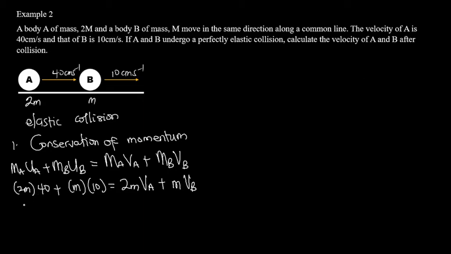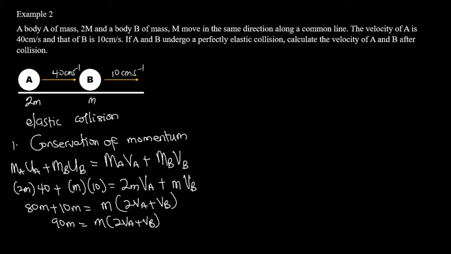So this will become 80m plus 10m is equal to, we have m common here, so factor m out, m outside the bracket, 2VA plus VB. So 90m is equal to m(2VA plus VB). We divide both sides by m. We get 90 is equal to 2VA plus VB. This becomes our equation 1.